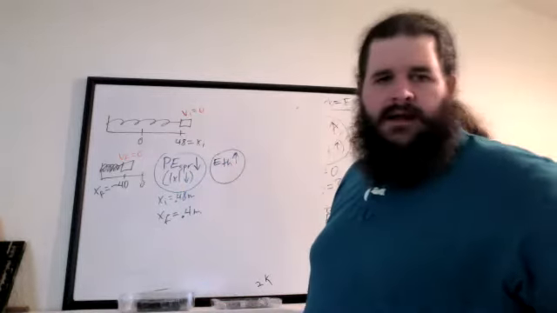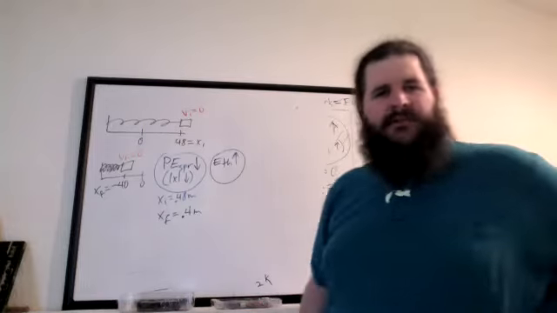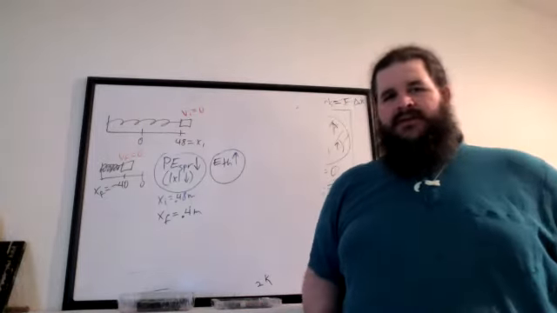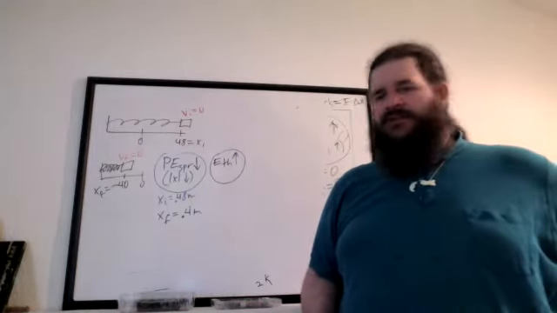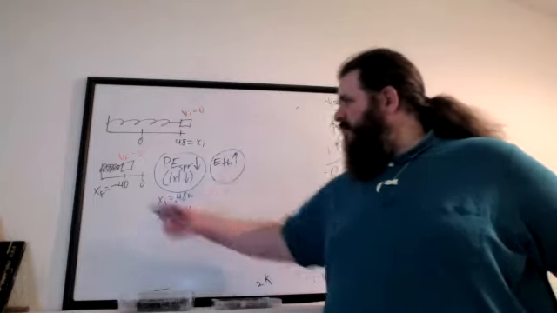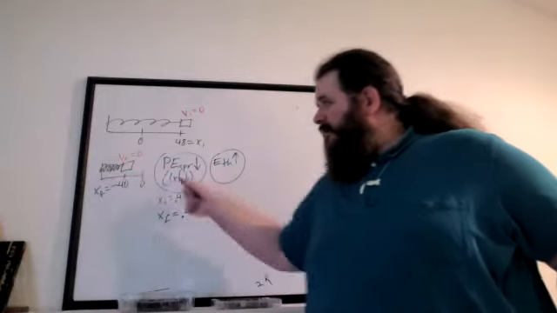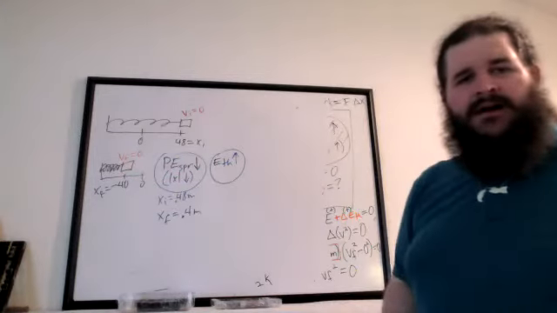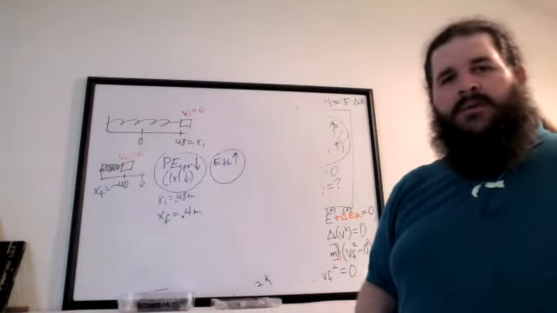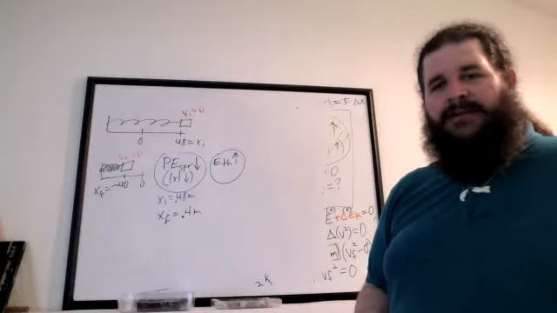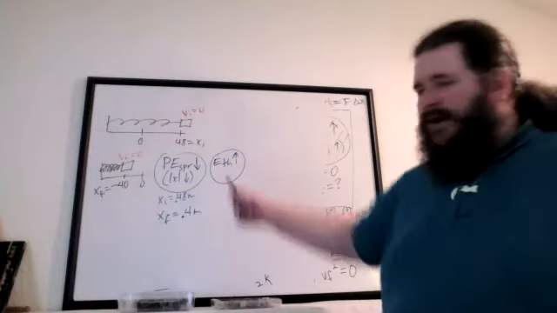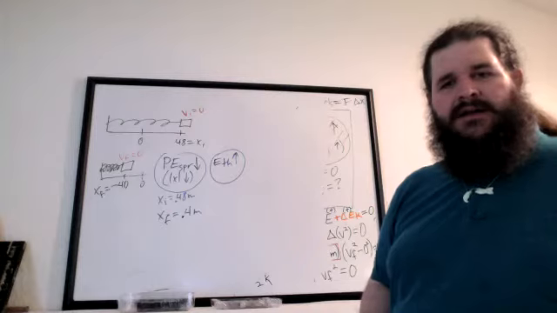Formally, the indicator would be temperature, but we don't have enough information to find any temperature changes because we don't know if that's the block getting hotter or the spring or the tabletop or the air around it getting hotter. All we know is one or more of these objects are gaining thermal energy. We're just going to lump all that together as an increase in thermal energy.